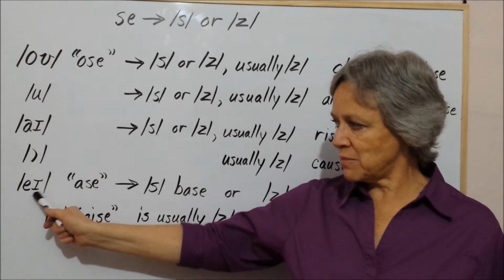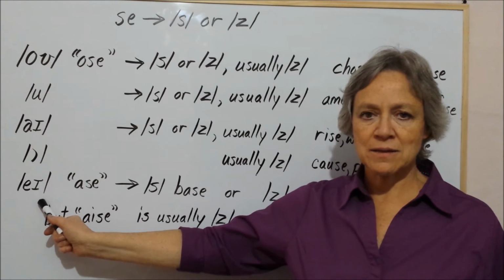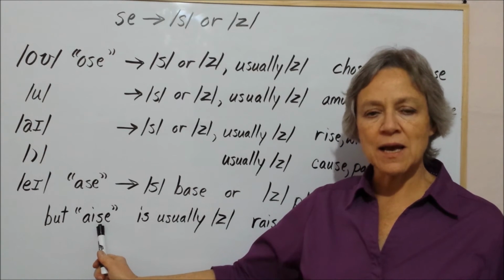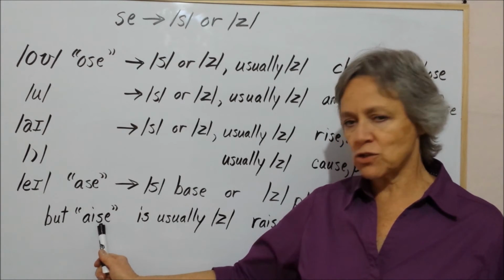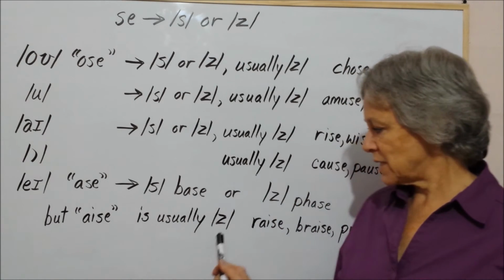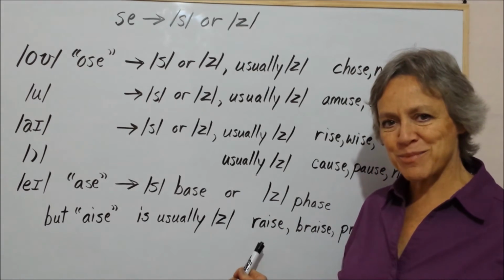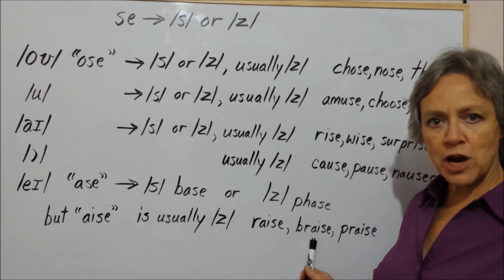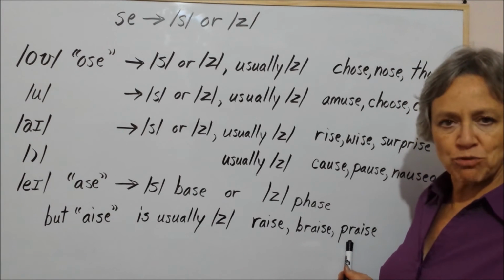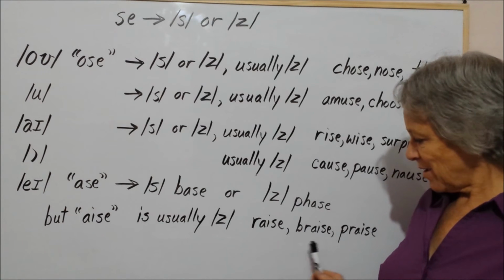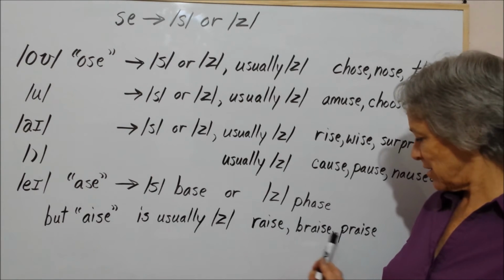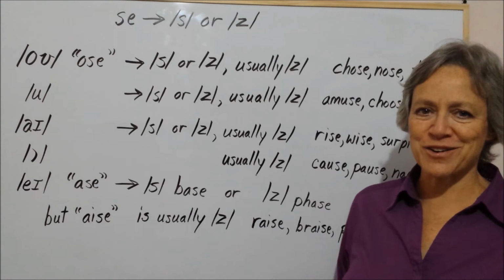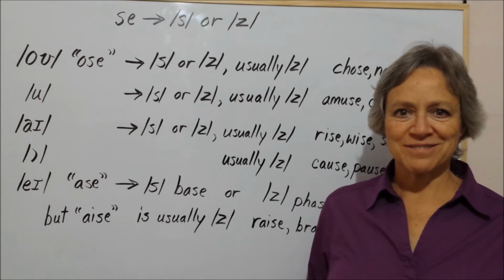But when we have that same vowel sound, A, spelled in this way, A-I-S-E, I found that the S was usually pronounced Z. Here are some examples. Raise, braise, praise. Although I have the letter R in each of these words, I also found other words without the letter R that had the same sounds.